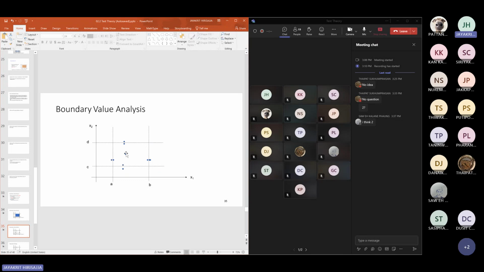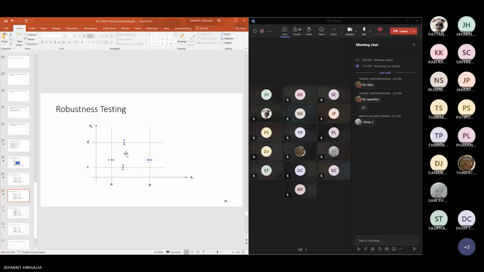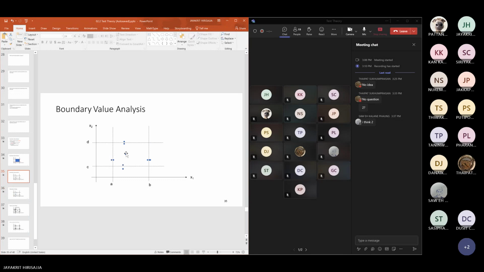We need to be sure that it is something inside or outside of the boundary of our data for testing. If it's outside, it's okay. If it's inside, it's okay. And we need to further analyze what if it is at the boundary, what should be the output of this value.